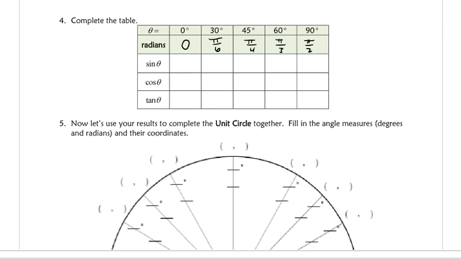And so sine of that is 0, 1/2, root 2 over 2, root 3 over 2, 1, 1. This was all developed on earlier sections when we looked at those special right triangles and everything else.